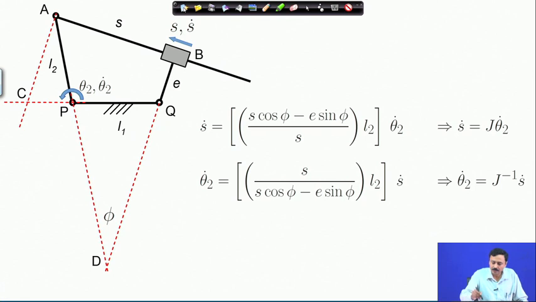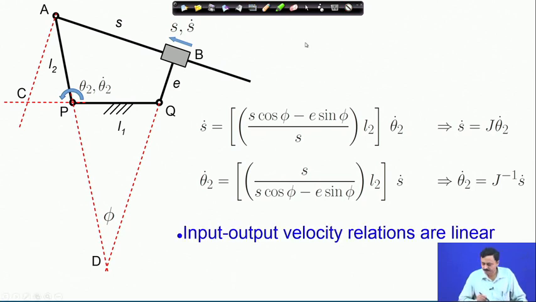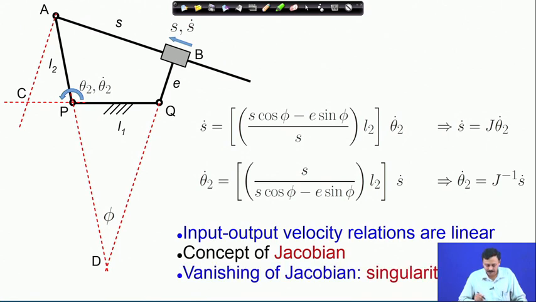So, let us look at that issue. We have already observed that the input output velocity relations are linear and they are related through the Jacobian. So, we come to this question of vanishing of the Jacobian or its inverse, which indicates singularity in the configuration of the mechanism.